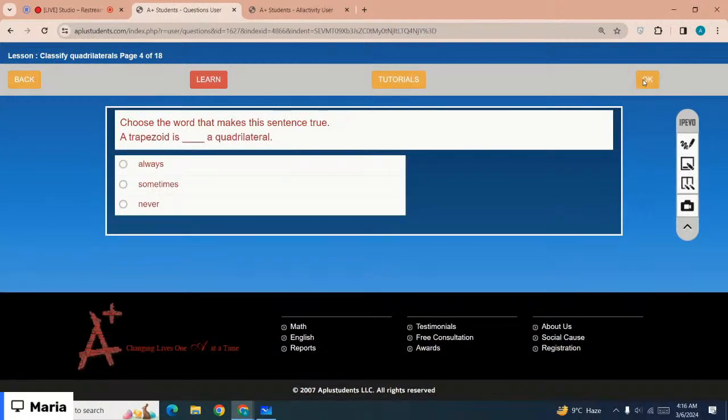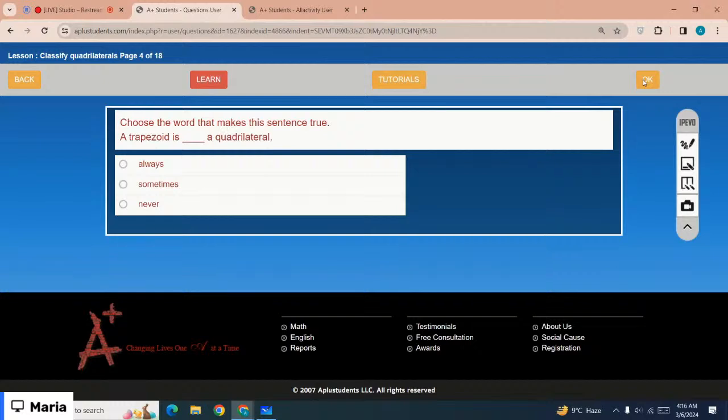A trapezoid is a dash quadrilateral. Always, sometimes, never. A trapezoid is always a quadrilateral, right?